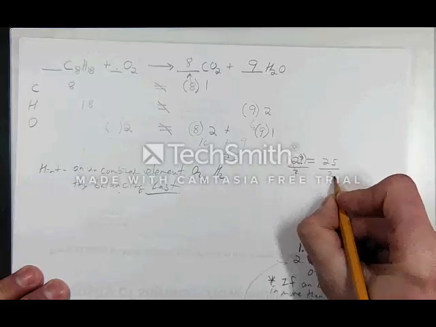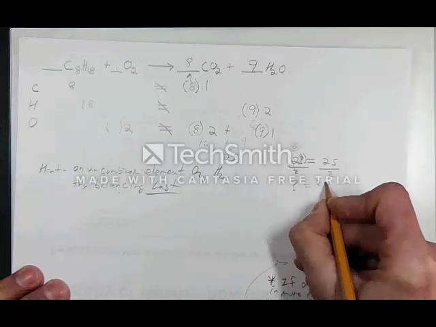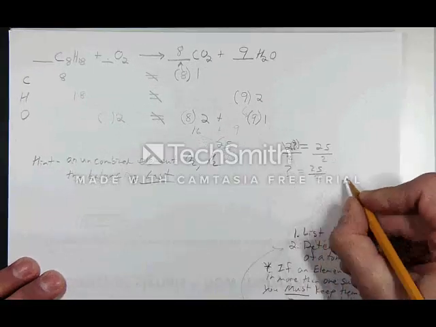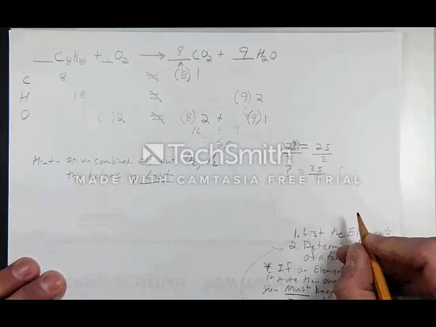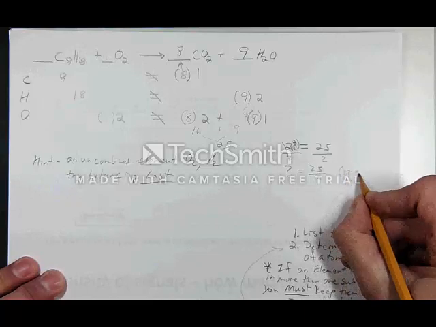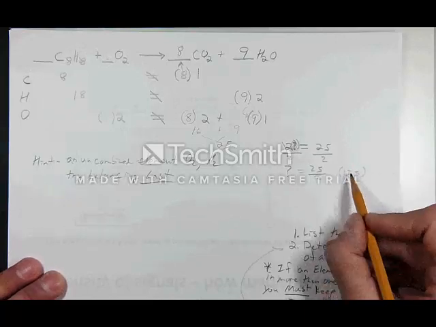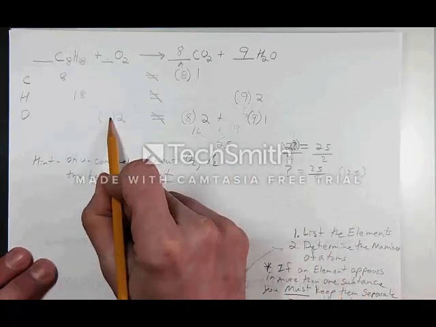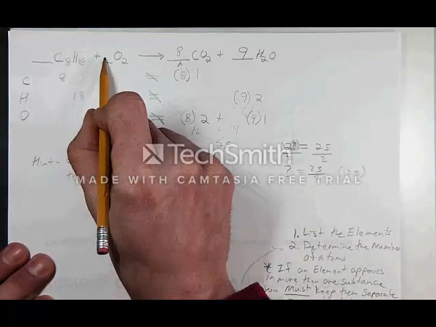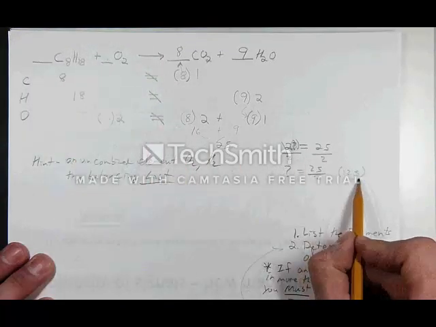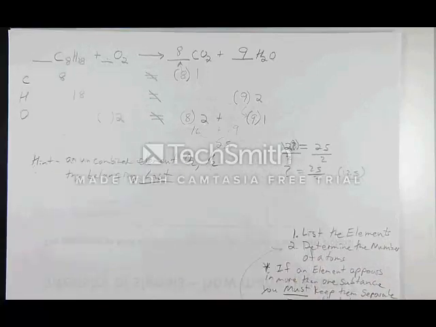If we divide each side by 2, that something is 25 halves. Right? Now you might be tempted to write this as, oh, well, that's 12.5. But the problem is I can't put a 12.5 here, and I can't put it up here, because you cannot have half of an oxygen molecule.